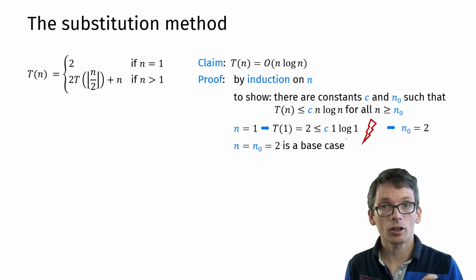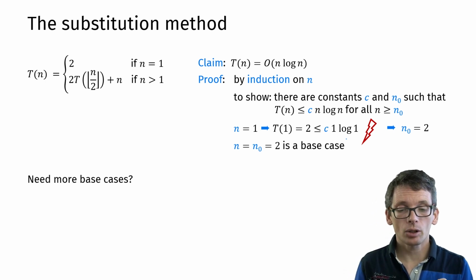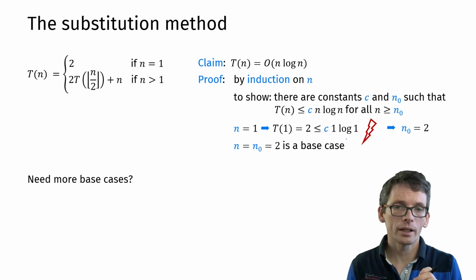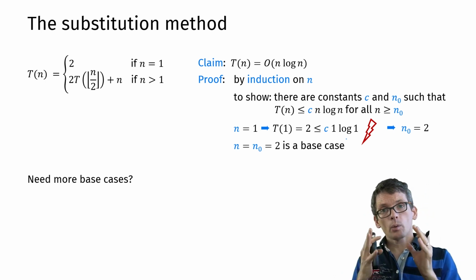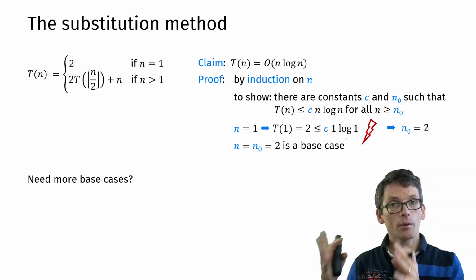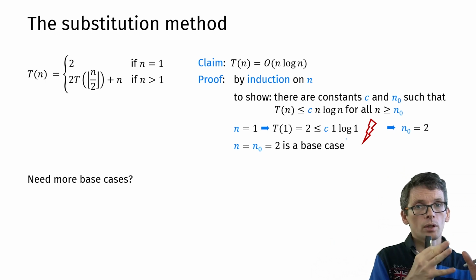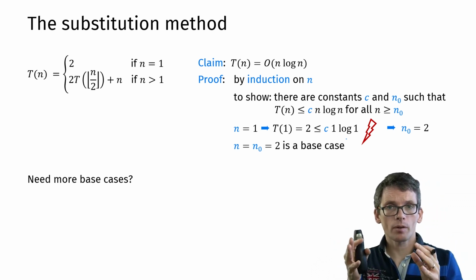But here life is actually even more difficult because 2 as a base case is not quite sufficient. So why do we need additional base cases? For the following reason. What we want to have in an induction is either we have a base case or we have a case that reduces to a case for which the induction hypothesis holds.